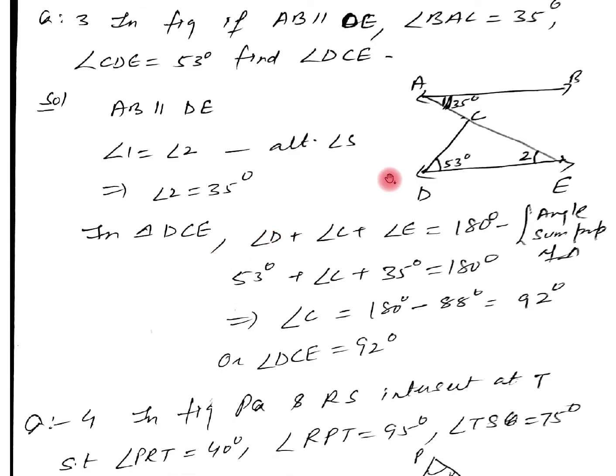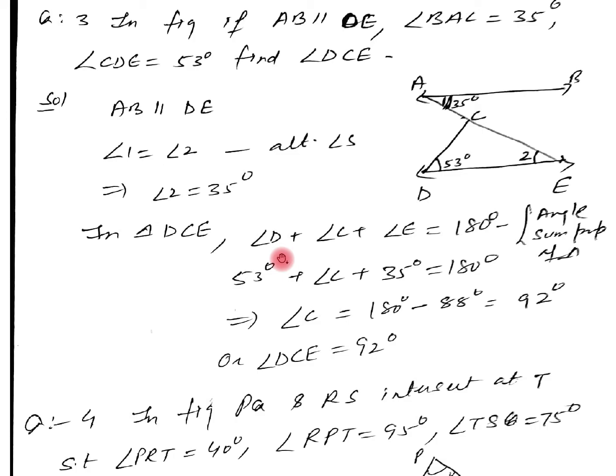Now here in this triangle DCE, this angle is known, this angle is known. We can easily find out this angle by using the angle sum property. Now in triangle DCE, angle D plus angle C plus angle E equals 180 degrees.